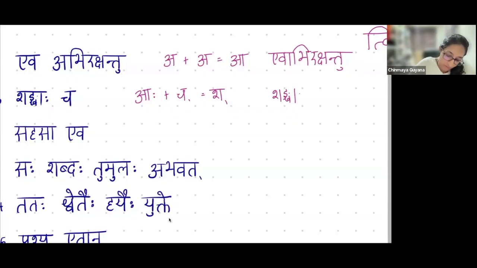So one time you can write shankascha. If you need to write it in 2 steps, write it in 2 steps. Don't feel anything about writing it in 2 steps. Shankascha.